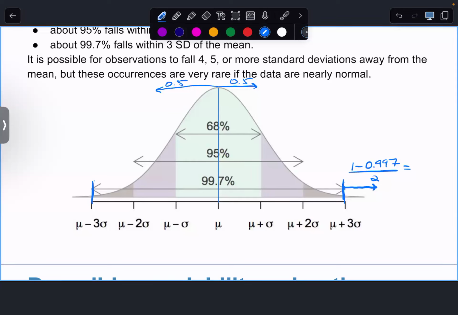It is 0.0015, or 0.15%, right? Very, very small. It's still a probability, it's just very small. And then by symmetry, this area must also be 0.0015.